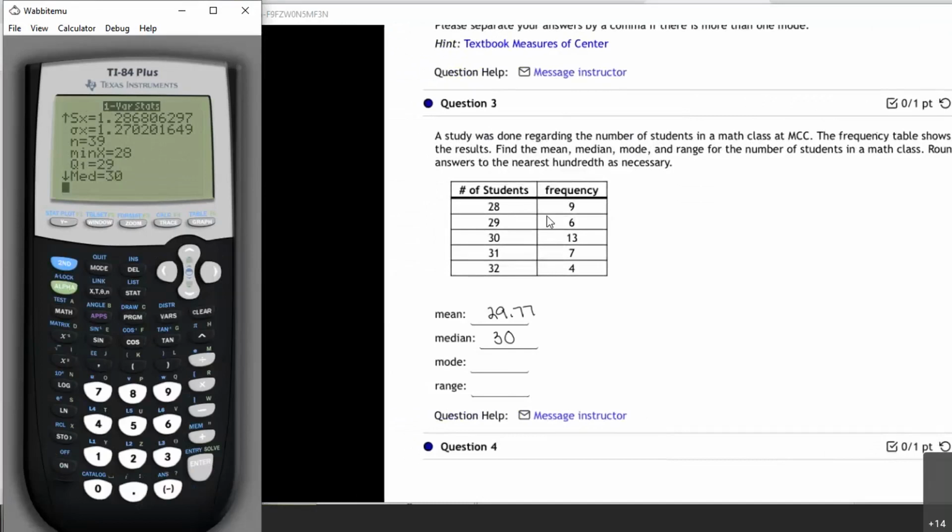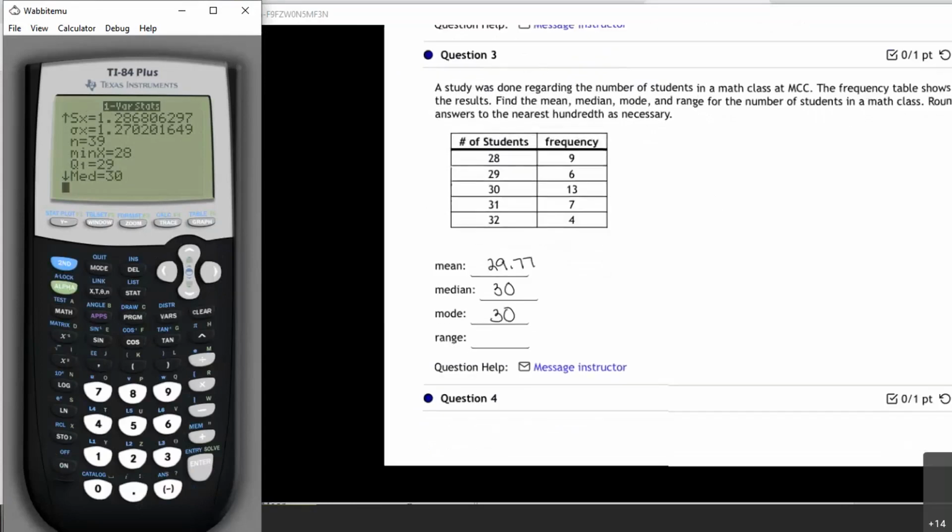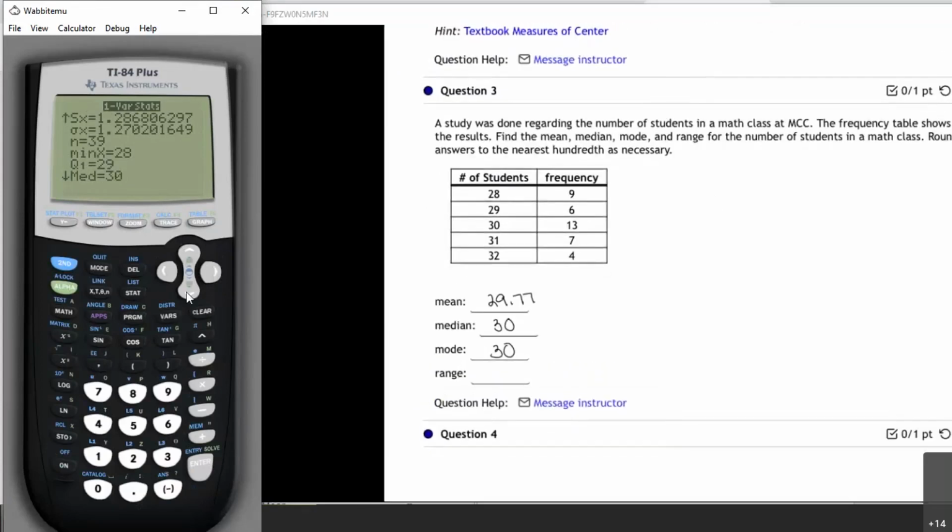If you look at the table in a frequency distribution, the row that has the score with the highest frequency is your mode. And again, remember what range is. I think this tells you your range. I'm not sure. No, it doesn't. It does tell you how many scores there were though.